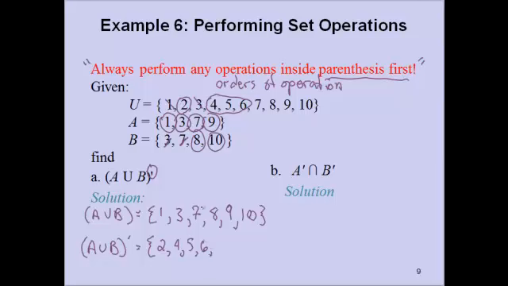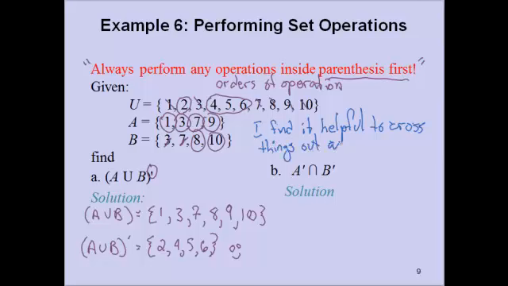And then 7, 8, 9, and 10 are all in A union B, and so those are not going to be in the complement, and so there's the complement. And that makes us happy. I find it very helpful, and hopefully you will too, to cross elements out as I go.